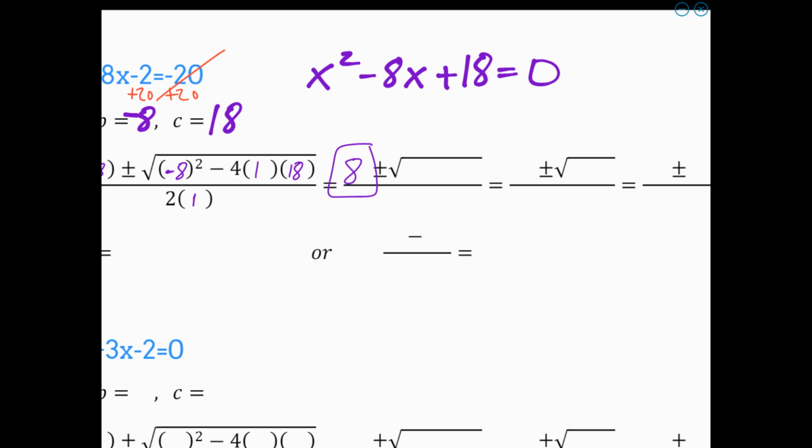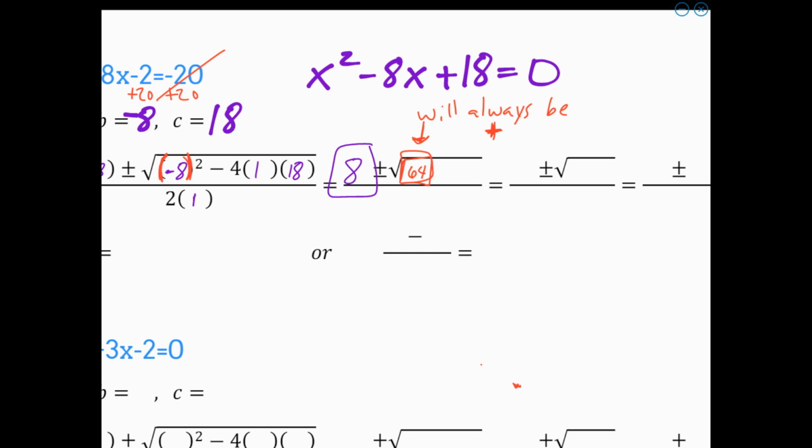This is why it is important for you to put the parentheses around it when you put it on the calculator. This number that gets squared, the squared number, will always be positive, because you can't square something and get a negative number. So this one is a positive 64.